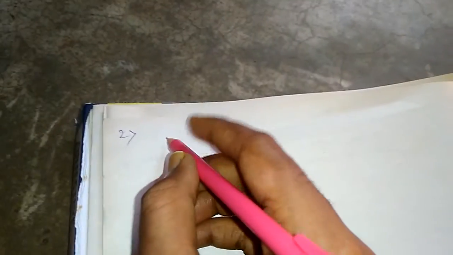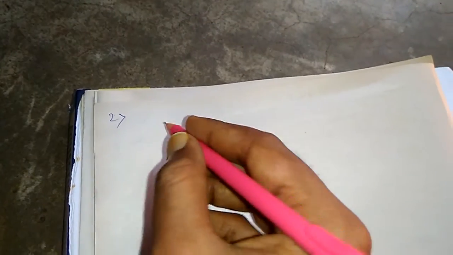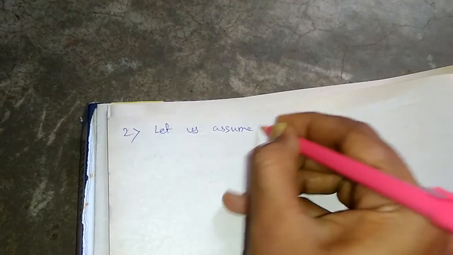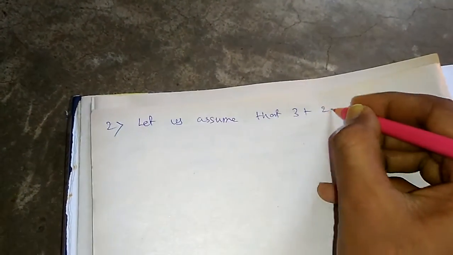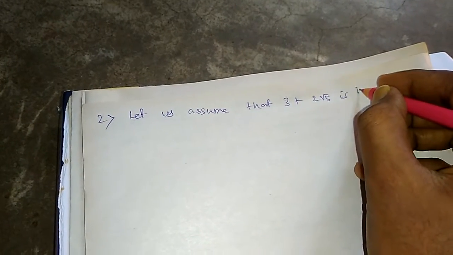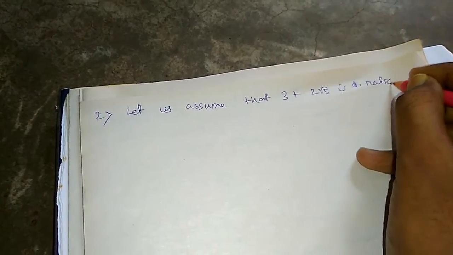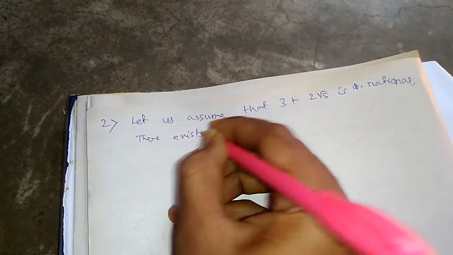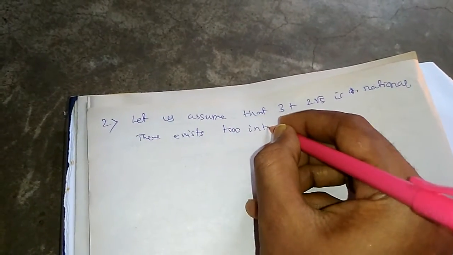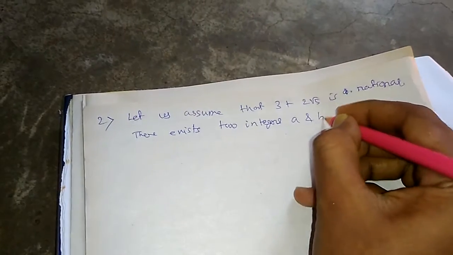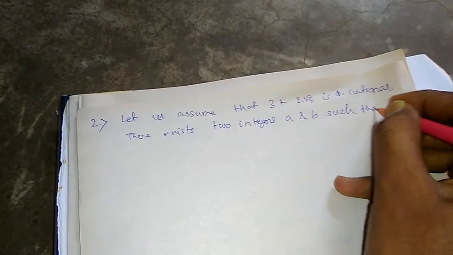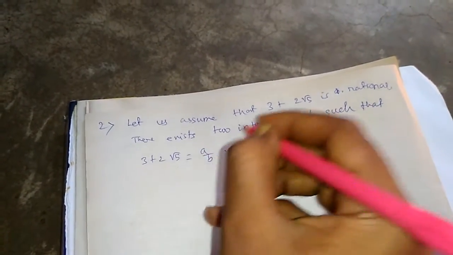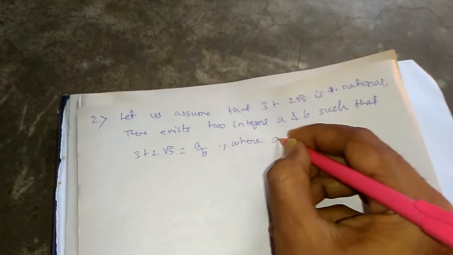Now question number 2. We have to prove that 3 plus 2 root 5 is irrational. Like before, let us assume that 3 plus 2 root 5 is, sorry, not irrational, that means rational. So there exist two integers a and b such that the given number can be written in a by b form, where a and b are coprimes.